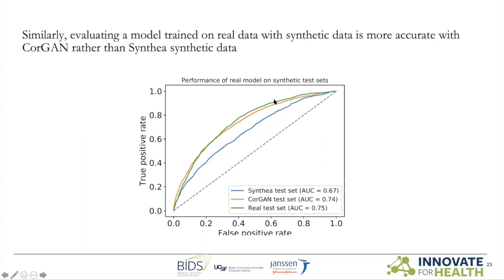What's reassuring is that these AUCs are almost equivalent, with the ROC curves overlapping, showing that with the CorGAN data set, you can evaluate your real model to a degree of accuracy that resembles testing it on a real test set. For Synthea, it's definitely not random, but the AUC that you get by testing on Synthea data is definitely lower than for real or for CorGAN.